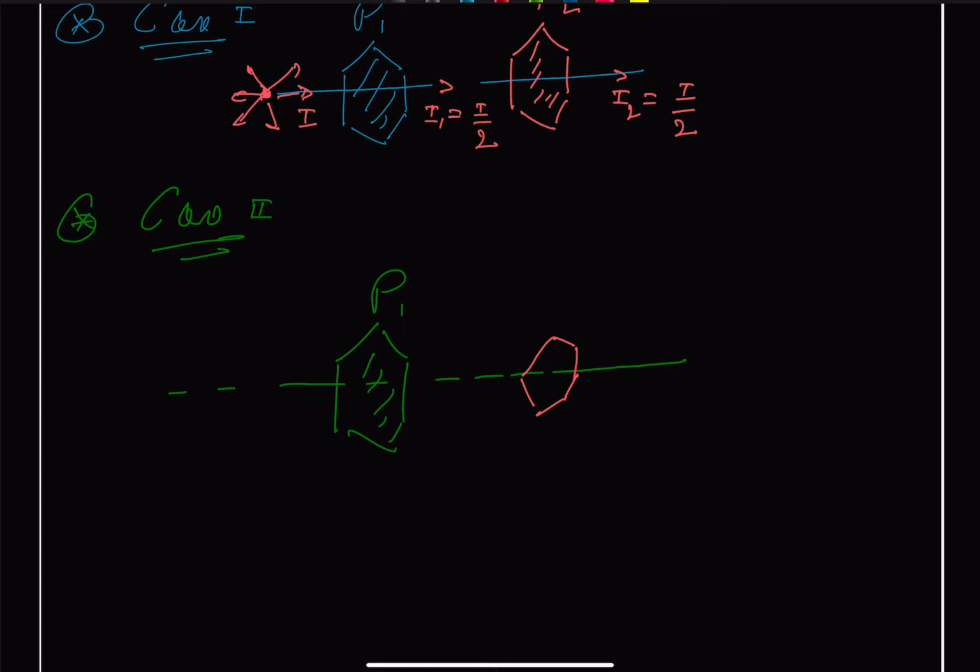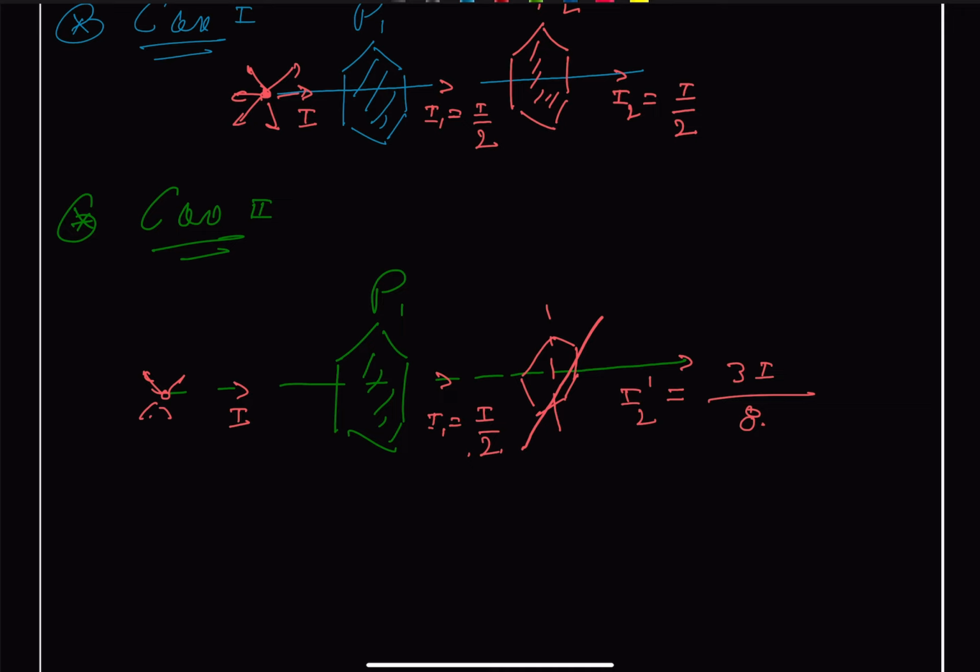So the output here, once again the input will be I and the output is I by 2. In the second case, I1 will be equal to I upon 2, and here let us assume that is I2 prime, which is given to us as 3I by 8, and we need to find out the phi by which it is to be rotated.